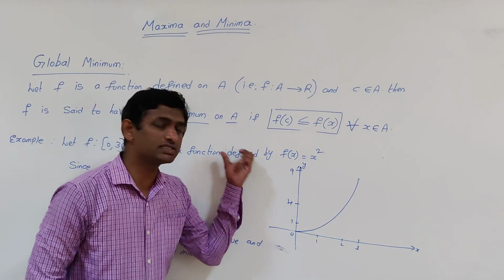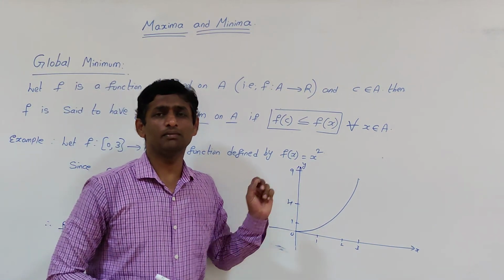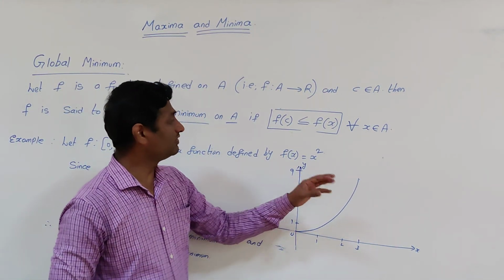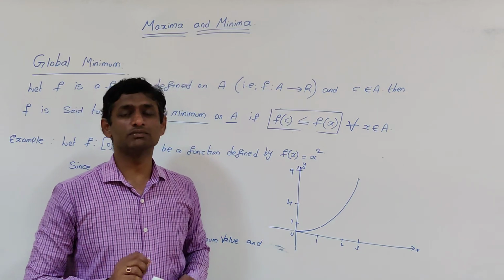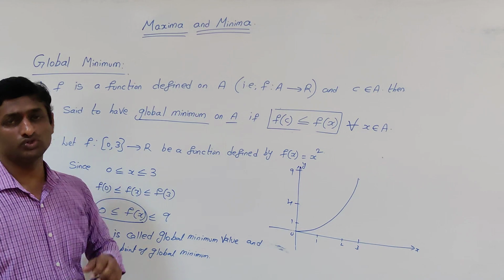Meaning for this given function, 0 is the global minimum and 9 will be the global maximum of the given function, that is, f is a mapping from [0, 3].